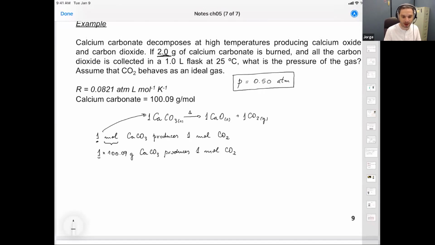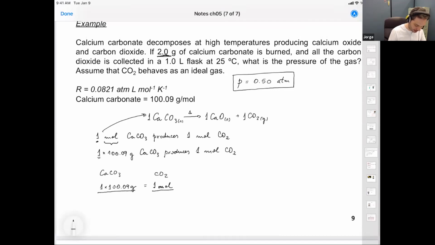So we have to carry over to the setup. So with that, now I can write the proportion. First column is calcium carbonate, 1 times 100.09 grams, produces 1 mole of CO2.